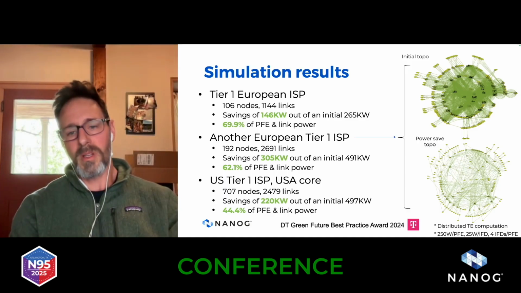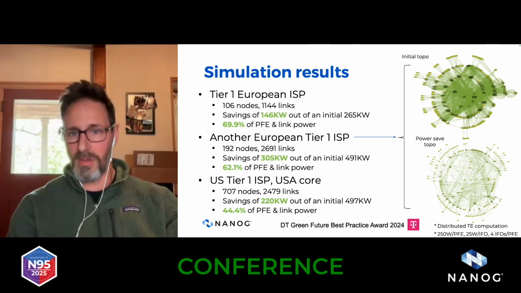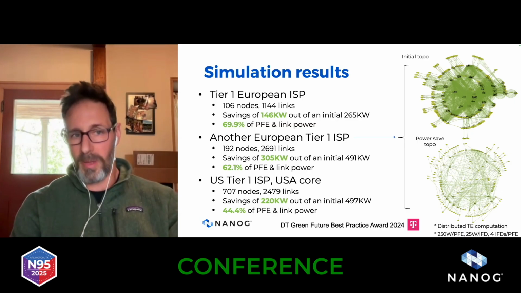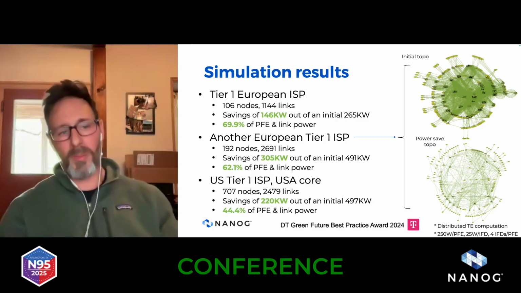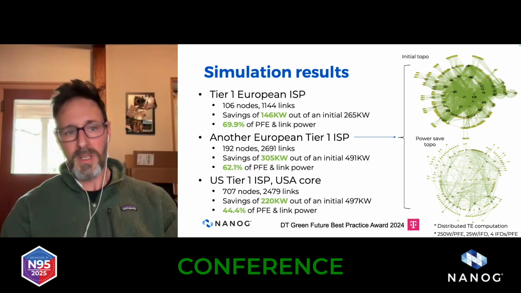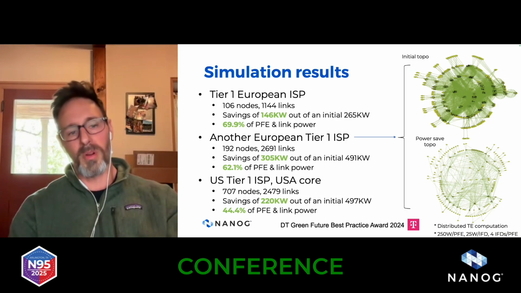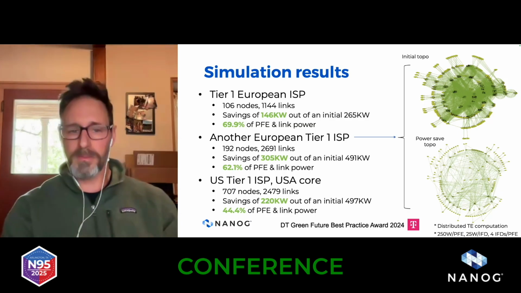They assume that each packet forwarding engine used in the network uses 250 watts, and that there are 4 interfaces per packet forwarding engine. So we have generalized how the platforms were deployed in these networks, and of course very much generalized how much power they're consuming. So the important number on these slides is the percentage savings, and not necessarily the absolute power values.